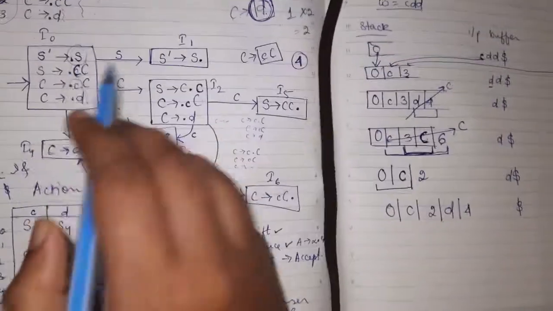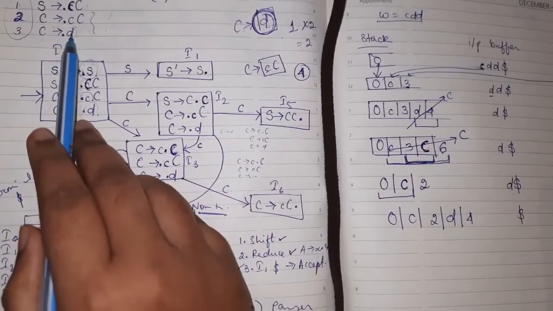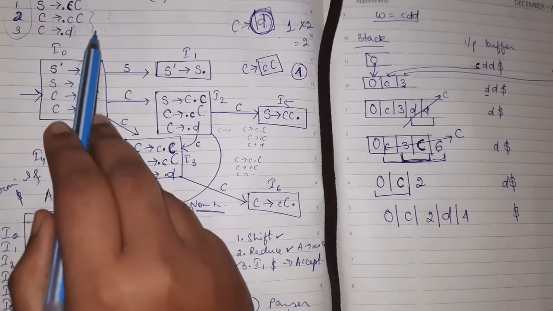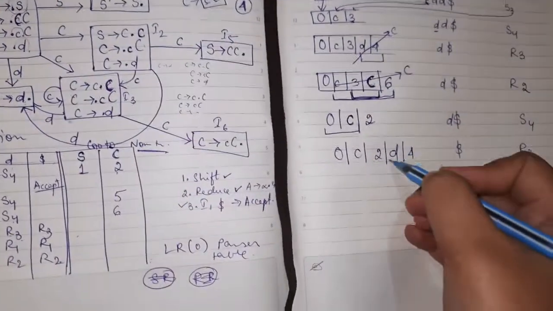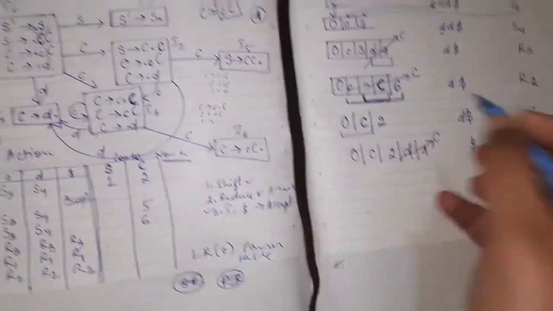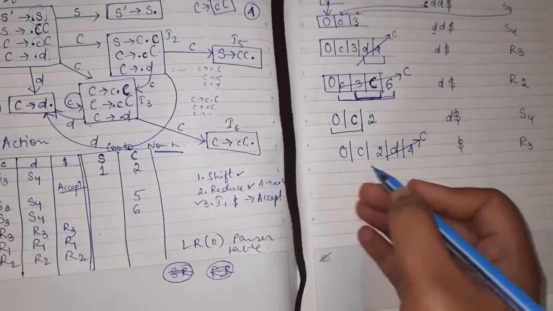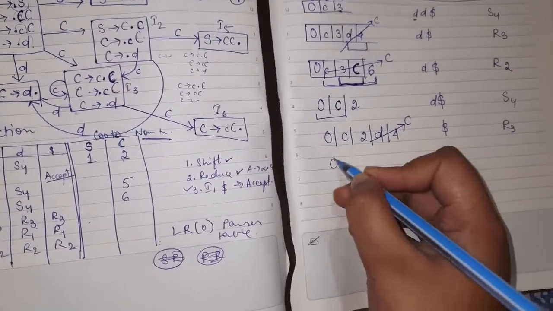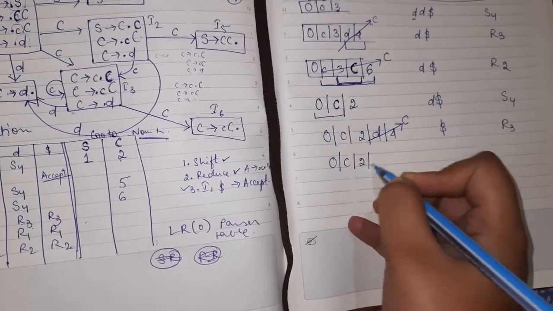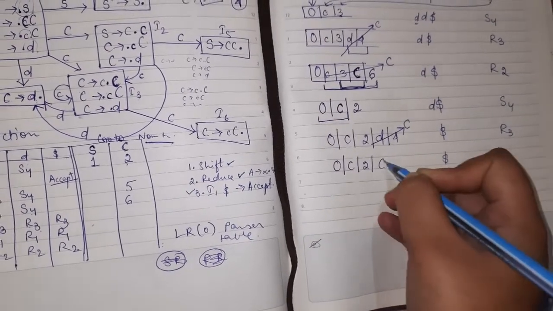R3 means twice the length of the RHS of production 3, that is 2, is to be removed or popped and replaced with LHS, that is C. So it becomes 0, C, 2, C and dollar.